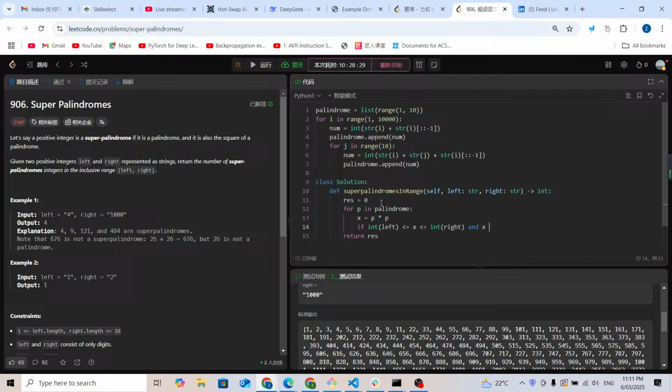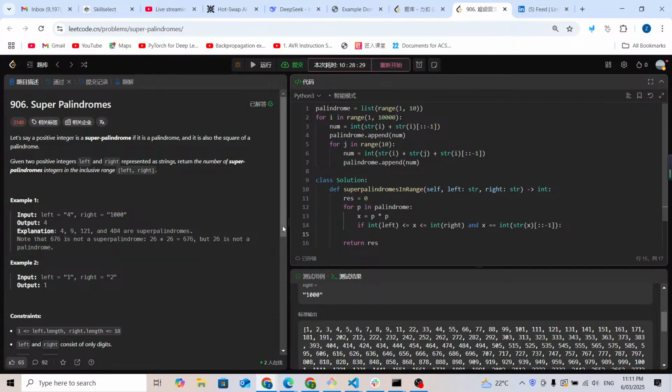Yeah, we can directly use x equal to the integer of string x reversed. If it is a palindrome, and if it is in between left and right, we're going to update the counter, and finally we're going to return the result.